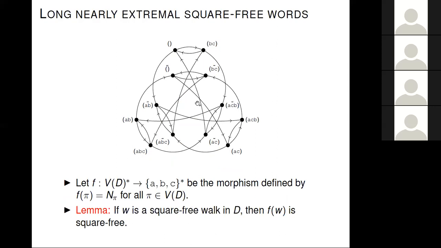And you'll see that every Squarefree walk gets mapped to a Squarefree word under this map, right? And because of the nice property of the ends being nearly extremal, and the fact that when you put two nearly extremal words together, as long as they're Squarefree, they'll be nearly extremal Squarefree, we get arbitrarily long nearly extremal Squarefree words out of this construction.